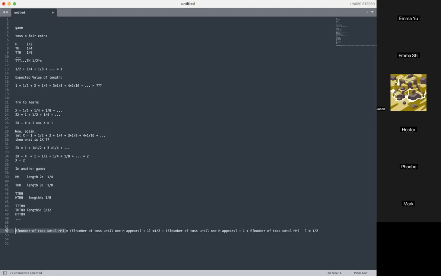So what is the expected number of tosses until 2H happens? As we said, the expected value is just value times the corresponding probability, right?